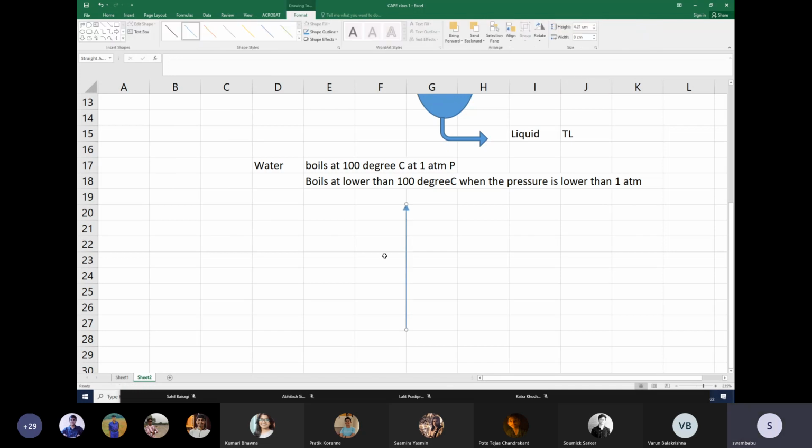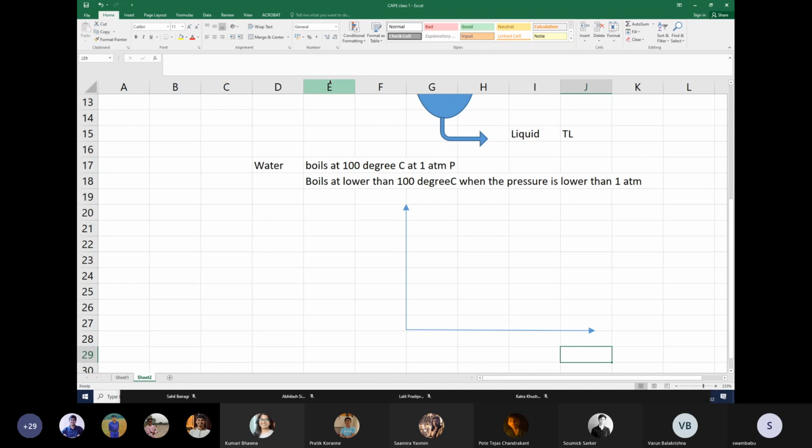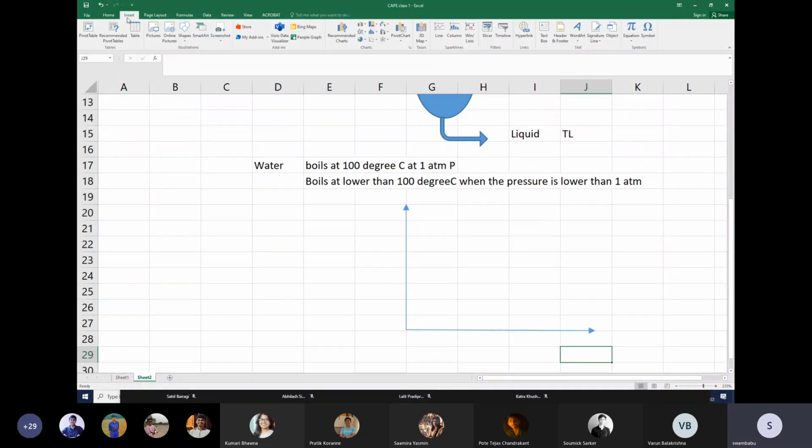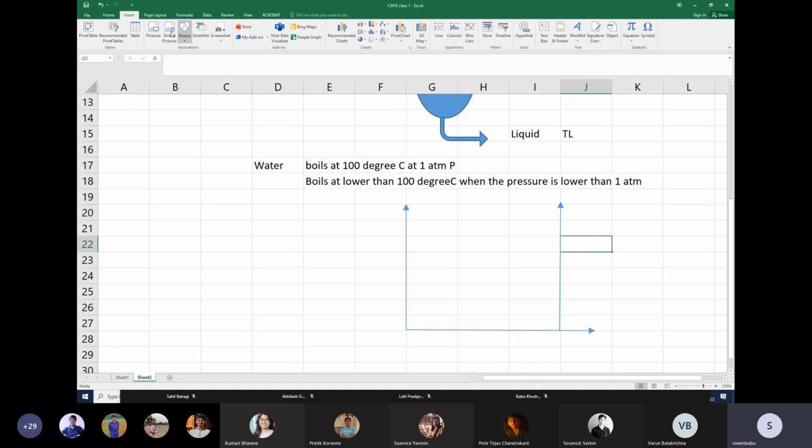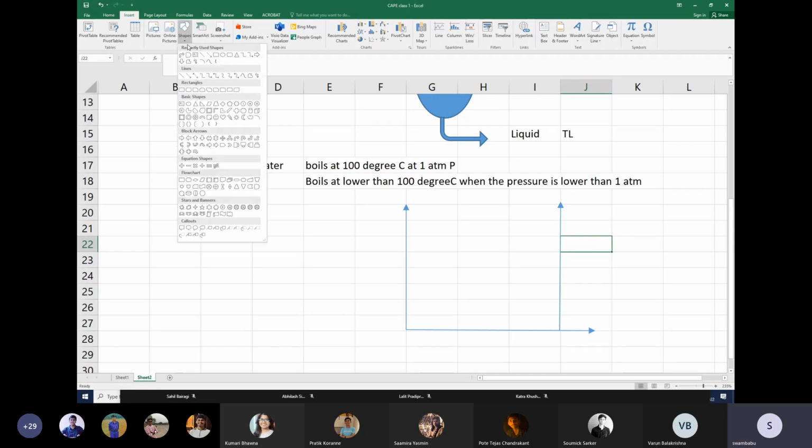So this is the y-axis, and this is the x-axis. We will take two y-axes, both the same. Both sides we have the boiling points only.